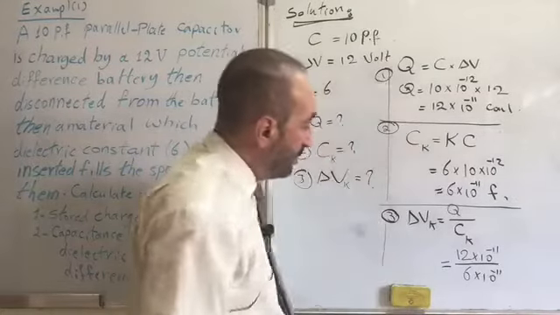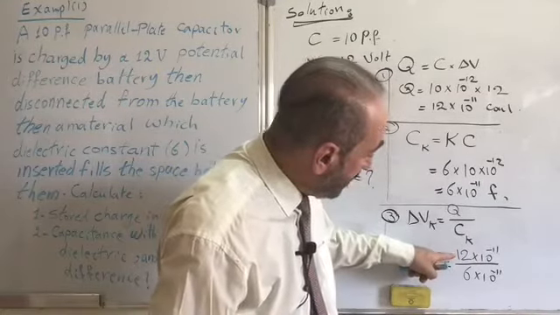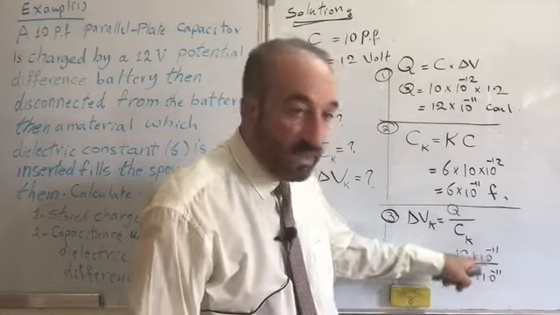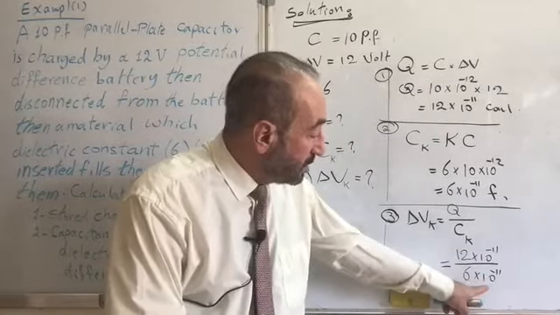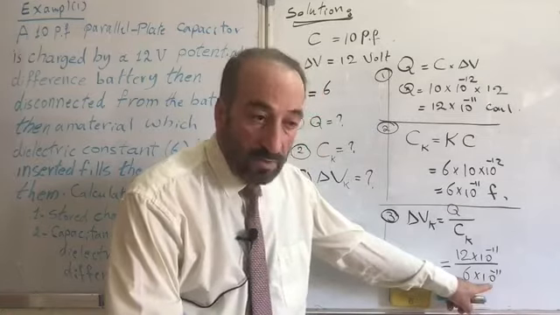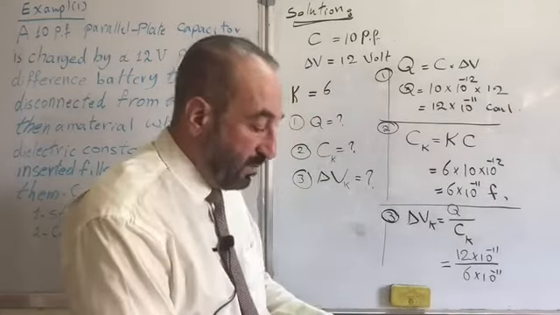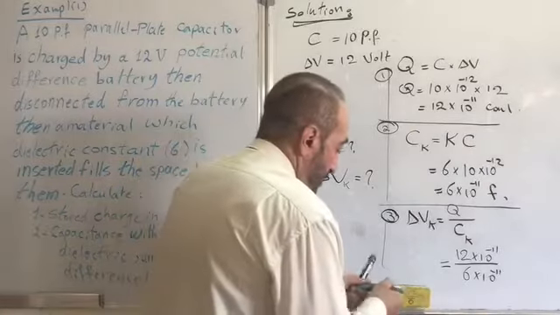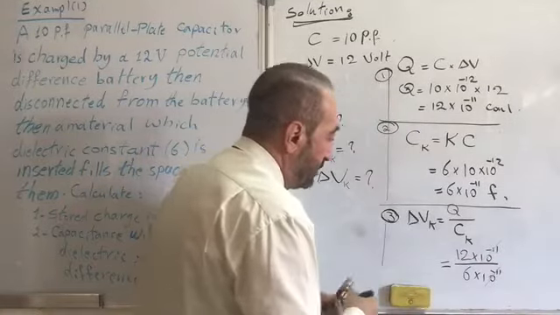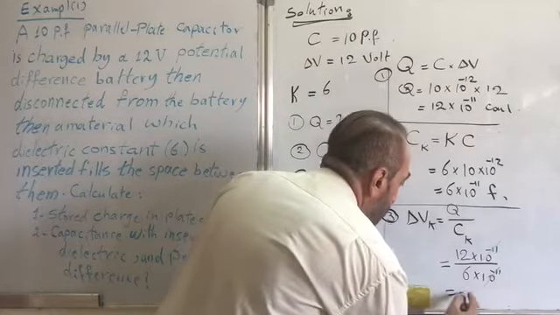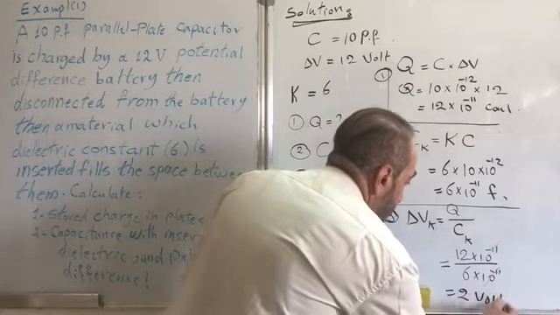In the numerator we have 10 to the power minus 11, and in the denominator we also find 10 to the power minus 11. We can simplify these, and the result is 2 volt.